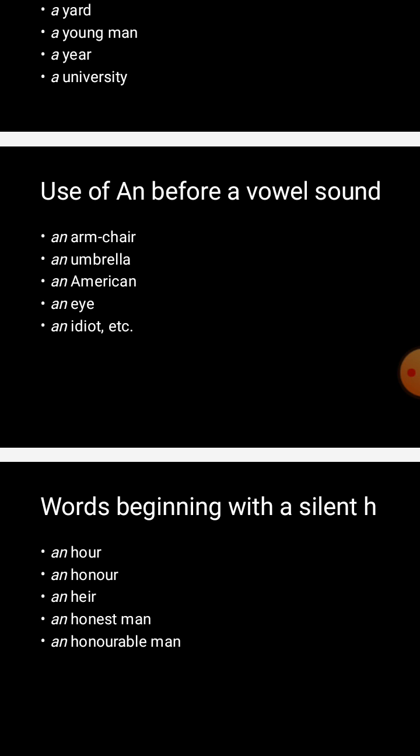So you say honest. An honest man. Same, an honorable person. Honorable. Honest. Okay. So what happens here? When the H is silent, you hear the vowel sound when you pronounce the word, and such words take the article an.